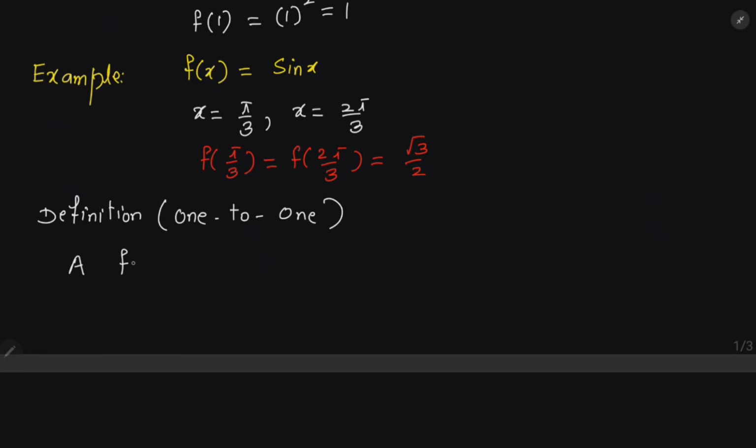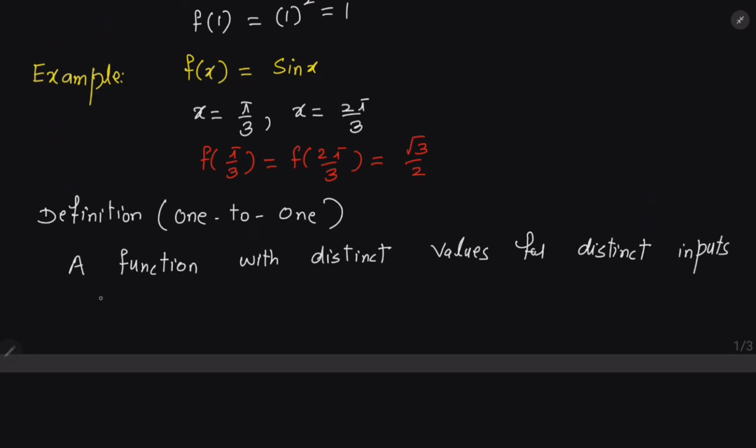A function with distinct values for distinct inputs is called one-to-one.